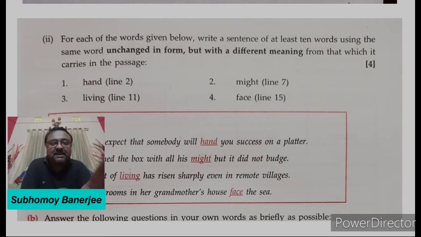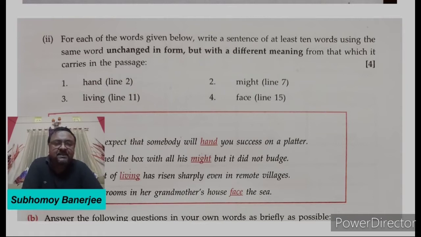See how it has been given in bold letters. You are not allowed to change the form of these words. What do you mean by changing the form? For example, hand. Instead of hand, you cannot make it handling or handed. Okay? Similarly, instead of living, you cannot change it into live and make a sentence using live.